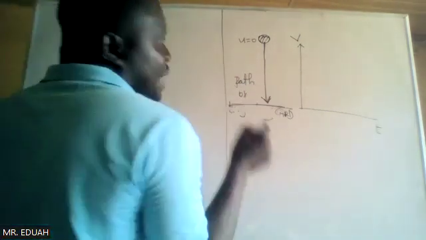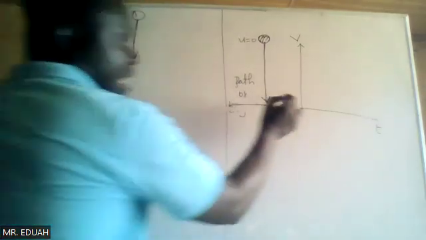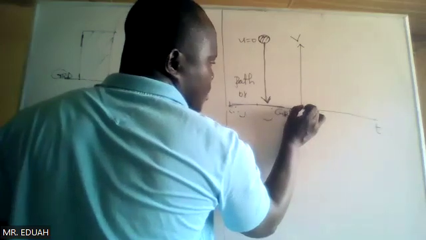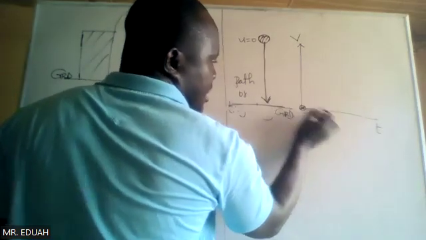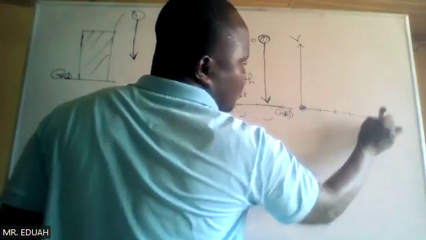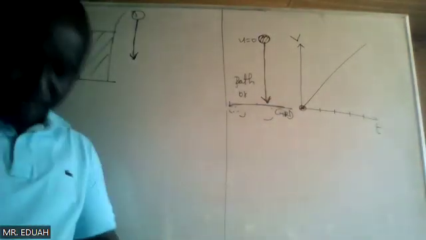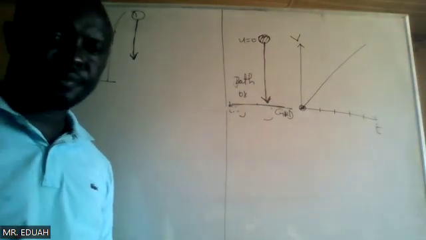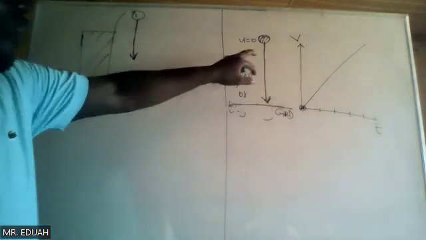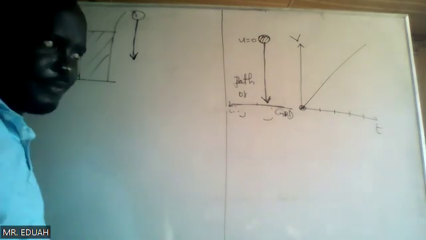So when we are plotting the velocity time graph, we must start from a point where its velocity is 0. And as time increases, because its velocity will be increasing, we'll have a straight line graph like this. So for free falling bodies, this is the velocity time graph.